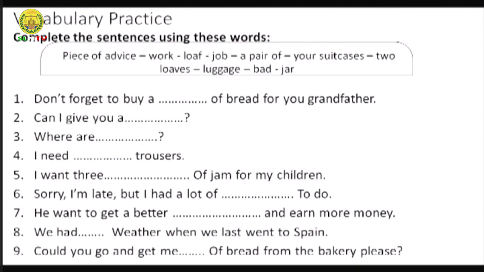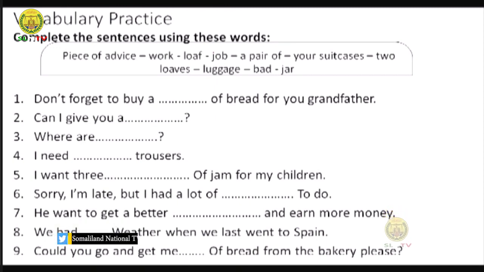Number 7 or number 8, we had bad weather when we last went to Spain. Number 9, could you go and get me a loaf of bread from the bakery, please?